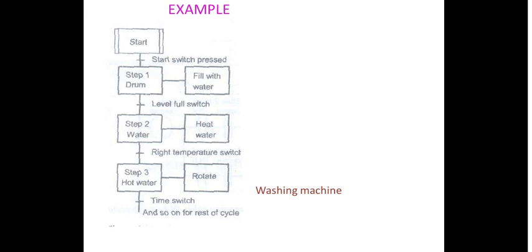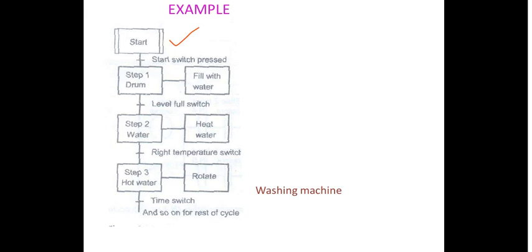You press the start switch. Everyone must have operated a washing machine, so try to get that analogy back. You switch on the washing machine. Now you have allowed the drum of the washing machine to get filled with water.